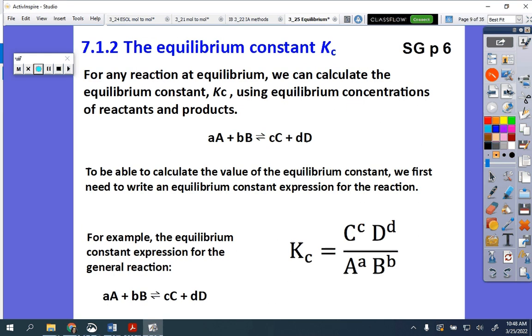Okay, so how do we talk about equilibrium? How do we measure when equilibrium happens? What direction is going to be favored in a reaction, the forward versus the reverse, et cetera?